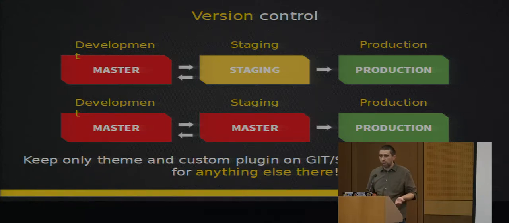Whatever you're changing in a theme or plugin will be kept there. There's nothing to change outside of those directories except maybe uploads, but that is on the file side, the files that are uploaded. So just ignore it. On Git or SVN, you keep just the theme or custom plugin if you build one.